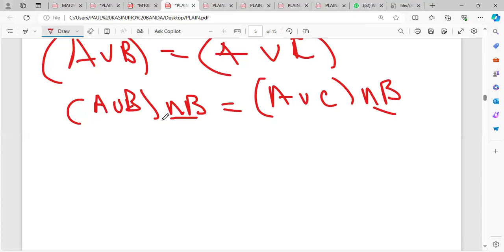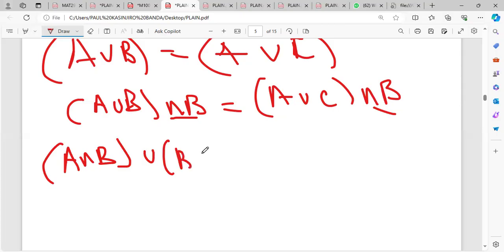So if I distribute intersection B into this, I'm going to get A intersection B, and then union B intersection B.